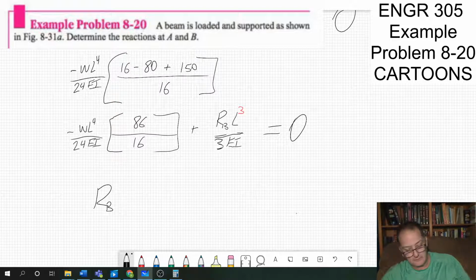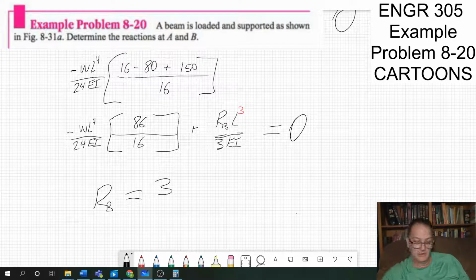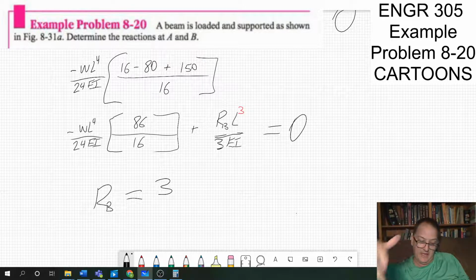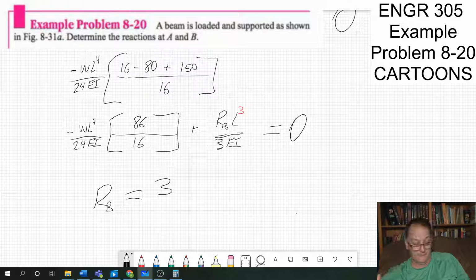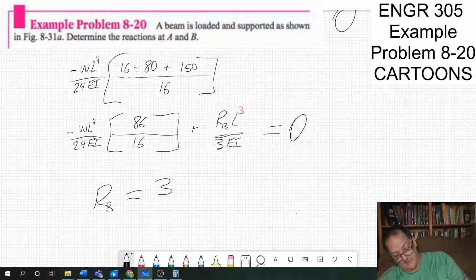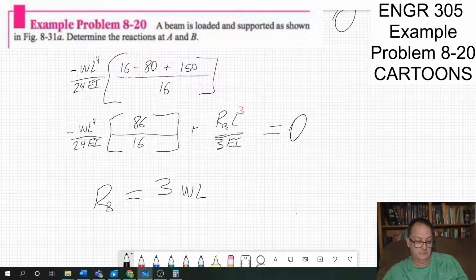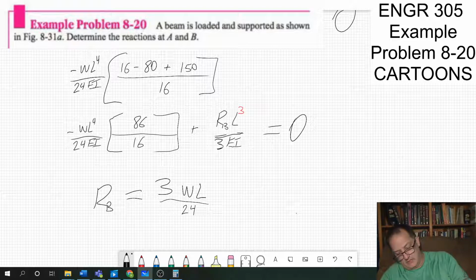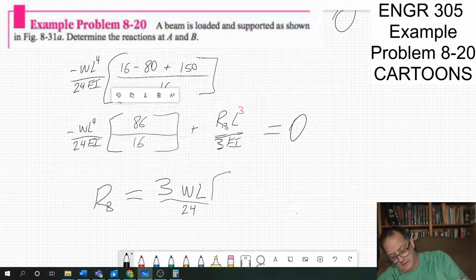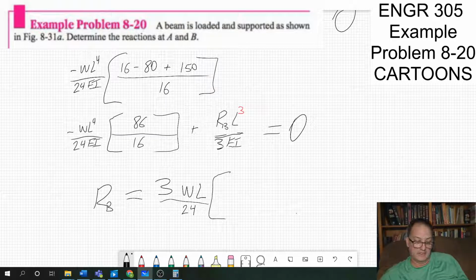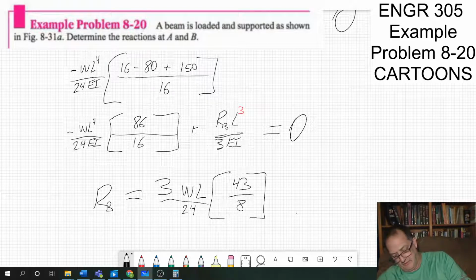RB is equal to, and I'm going to put a 3, and then the L cubed and the EI go away, because I'm just going to put down WL, and then I've still got a 24, and I can start to reduce that to 43 over 8.